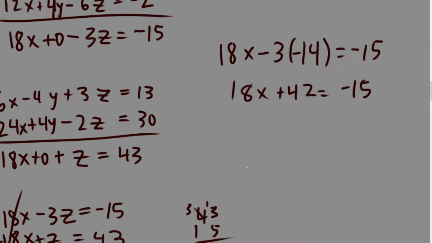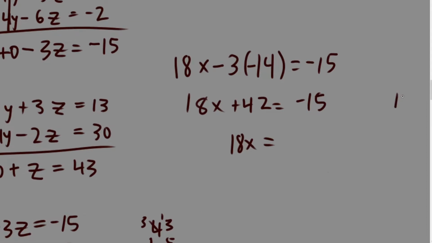And then we'll subtract 42 from both sides. So we have 18x equals 57. Divide 18 by both sides.